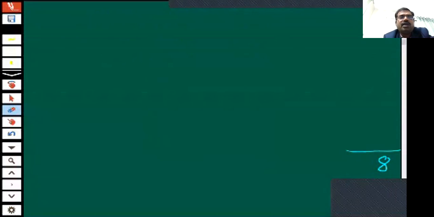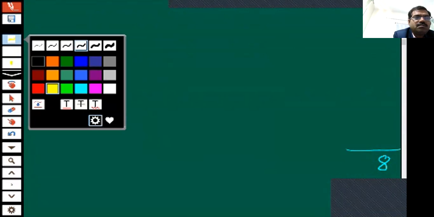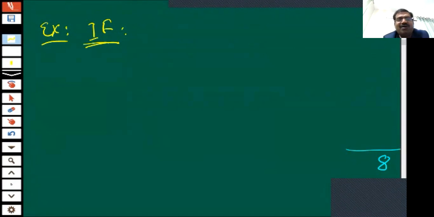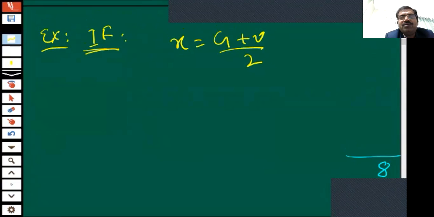Okay. So see, next example is IF. Tell me, what should be the shape and all? So x equal to g plus v divided by 2.